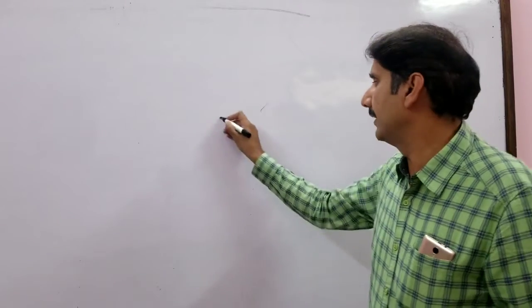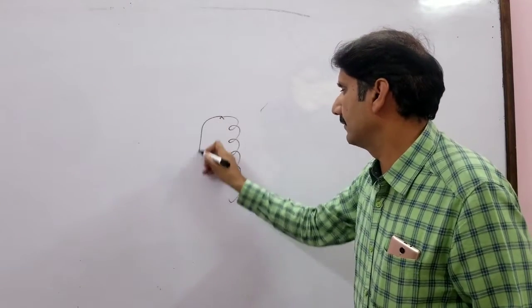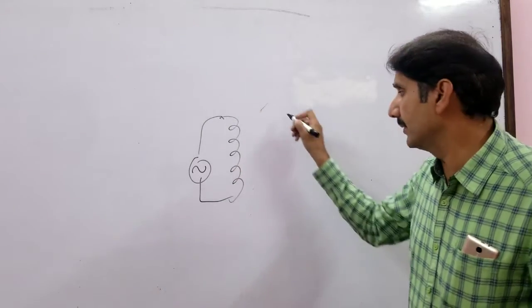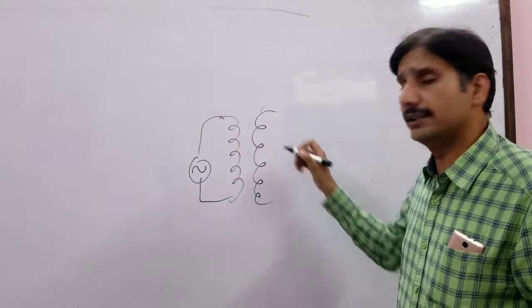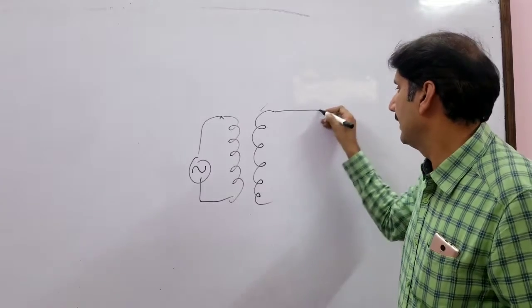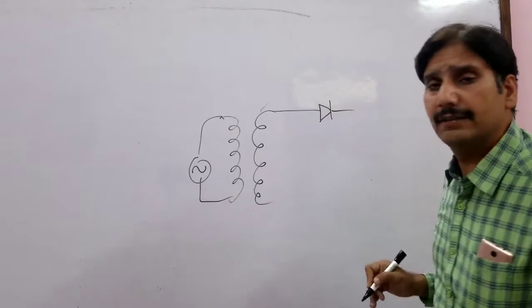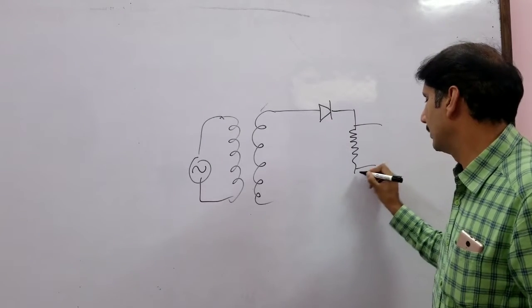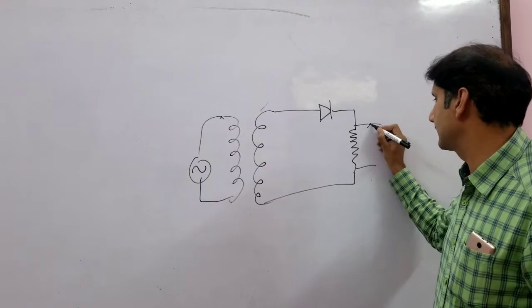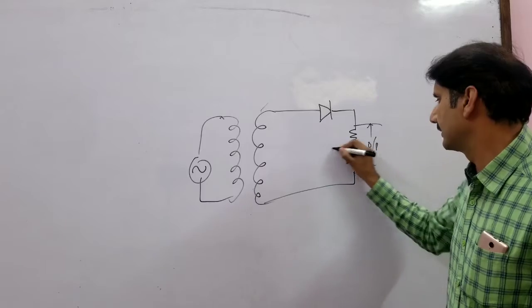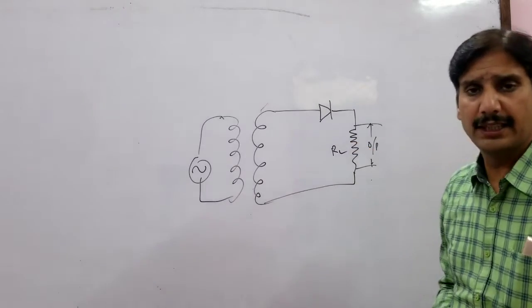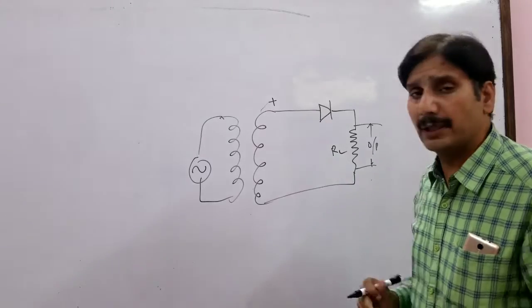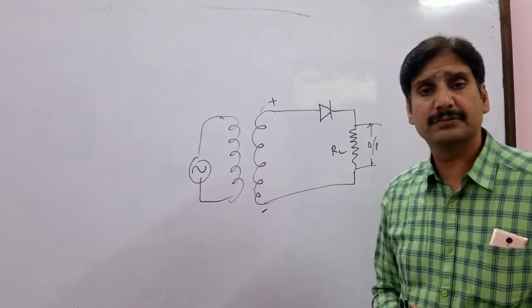Let's say I've got an input supply connected to the primary of a transformer, and I've got the secondary of the transformer, and a diode and a load resistance connected to it, and the output is taken across this load resistance. This is the output, this is the load resistance RL. Now, in the alternating supply, for half of the time this end will be positive and this end will be negative.